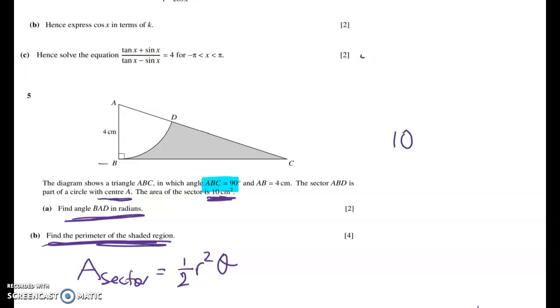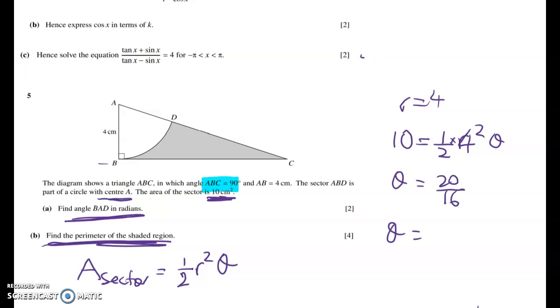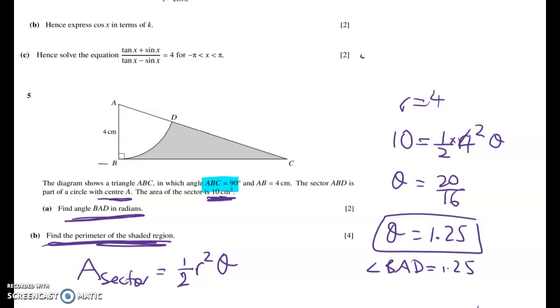We know that the area of the sector is 10, and we know that the radius is 4. So we've got 10 is equal to half times 4 squared theta. So theta is equal to 20 over 16. So theta is equal to 1.25. So that's angle BAD is equal to 1.25.